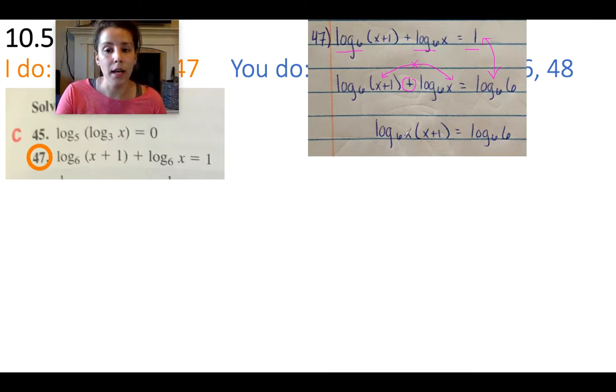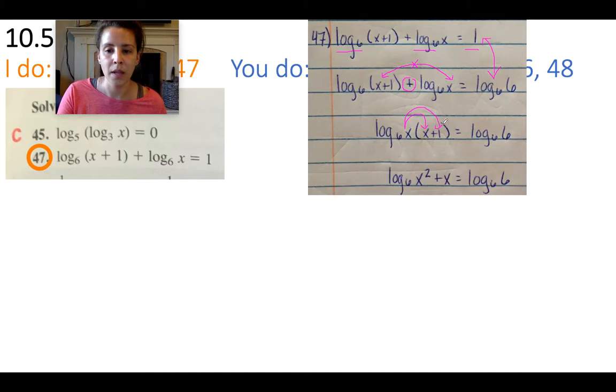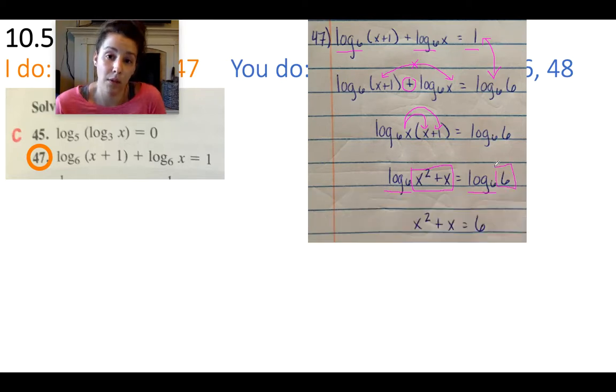I'm now going to go ahead and distribute this to both. So now I have log base 6 of x squared plus x is equal to log base 6 of 6. So now I have 2 logs mushed together. This is log base 6, this is log base 6, so I know that these have to be the same.